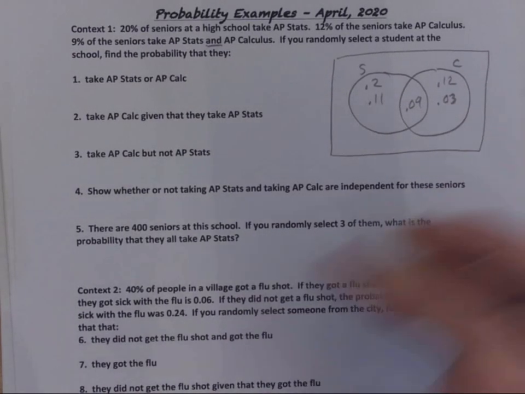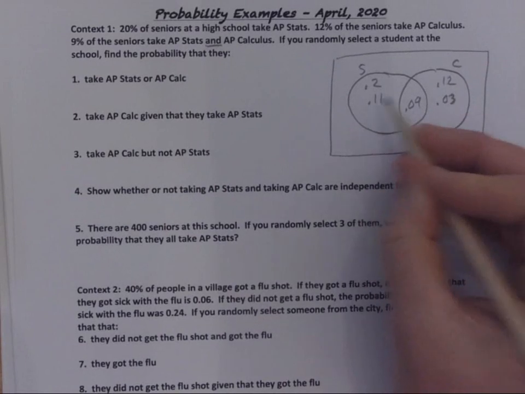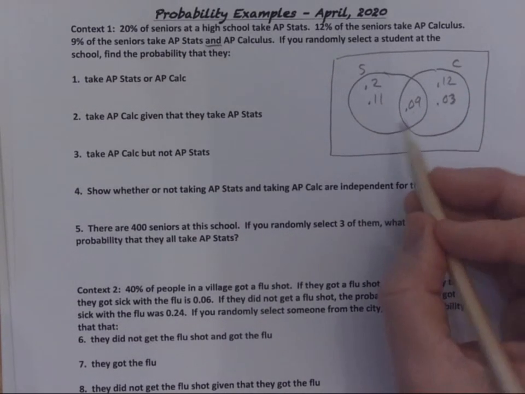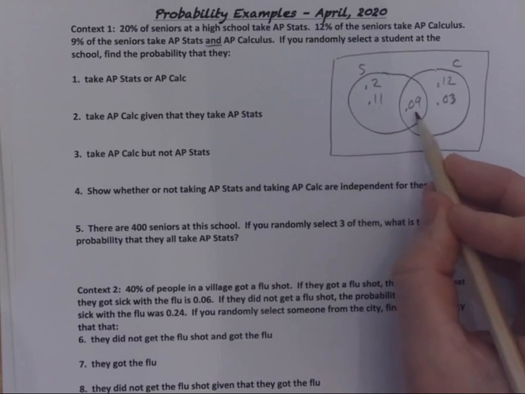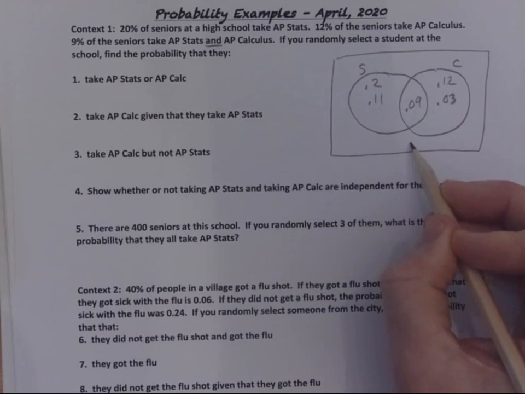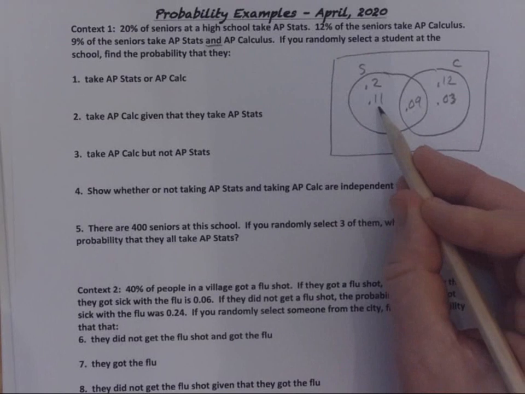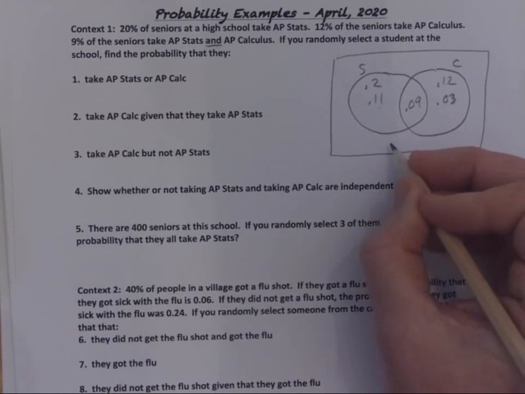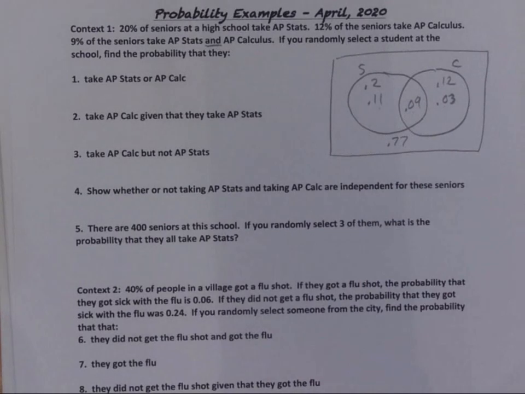So you notice the two parts add up to the whole for each of the circles. And then lastly, the whole rectangle has to add up to 1. So when you add up these four regions, they have to add up to 1. In this case, when you add that plus that plus that, it adds up to 0.23. So 1 minus that is 0.77. And so there's a Venn diagram, and they could ask you a number of questions from here on out.